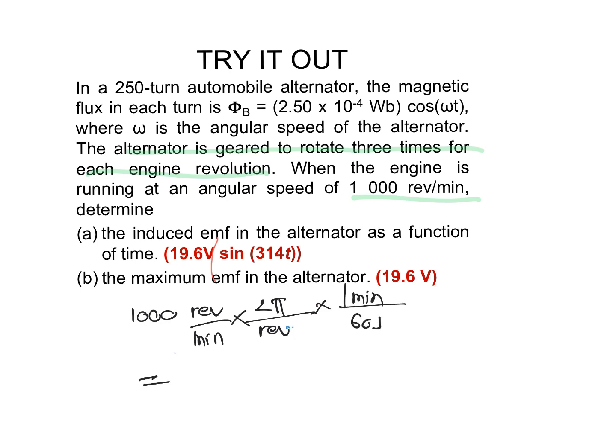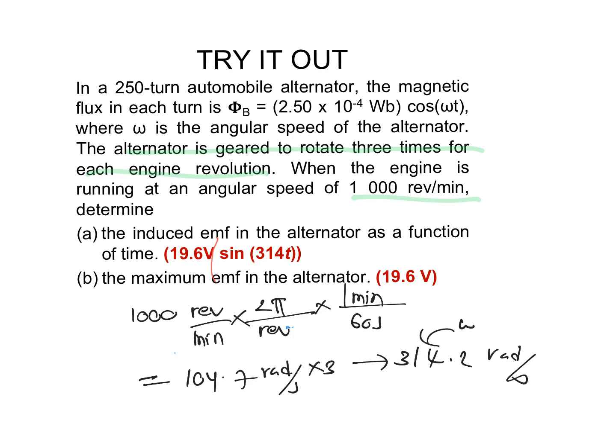So you are going to get 1000 times 2 pi divided by 60, which is 104.7 radians per second. But because it's 3 times for each engine revolution, times 3, you are going to get 314.2 radians per second, which is going to be your omega, the angular speed.